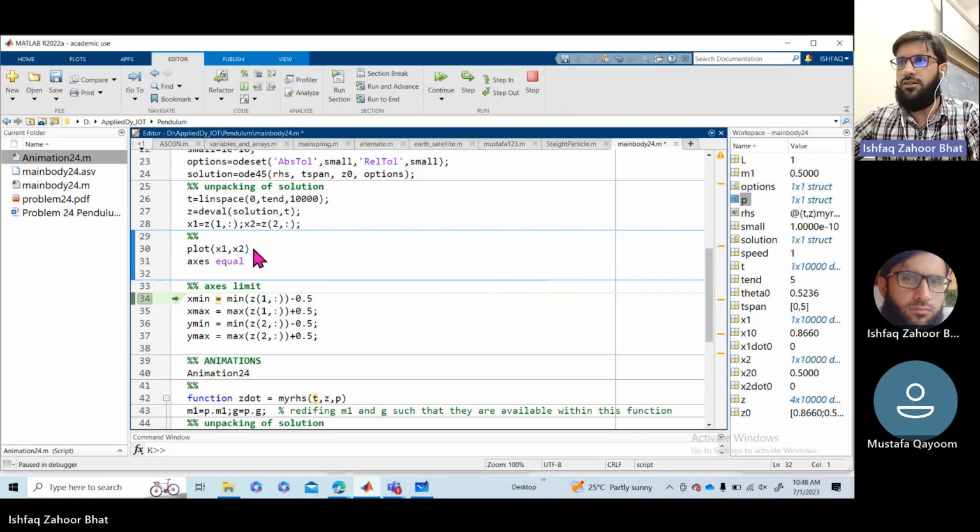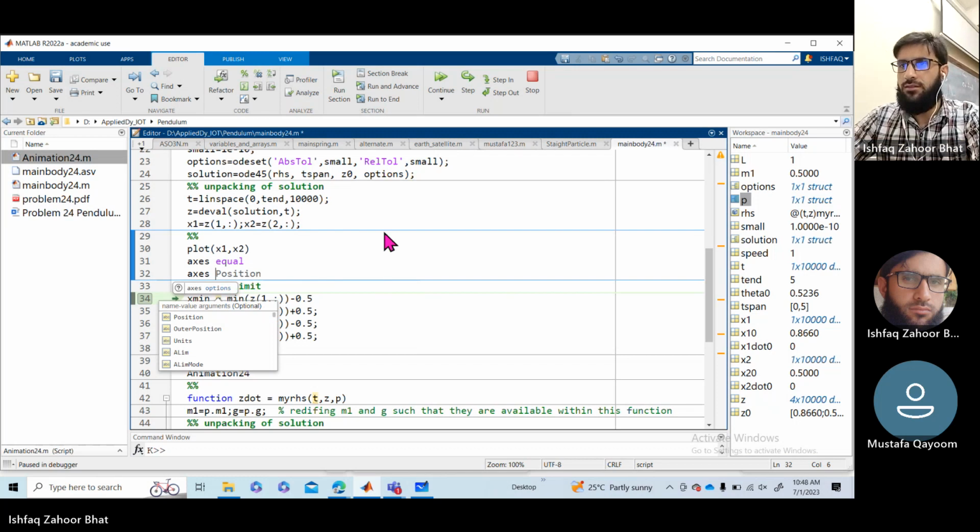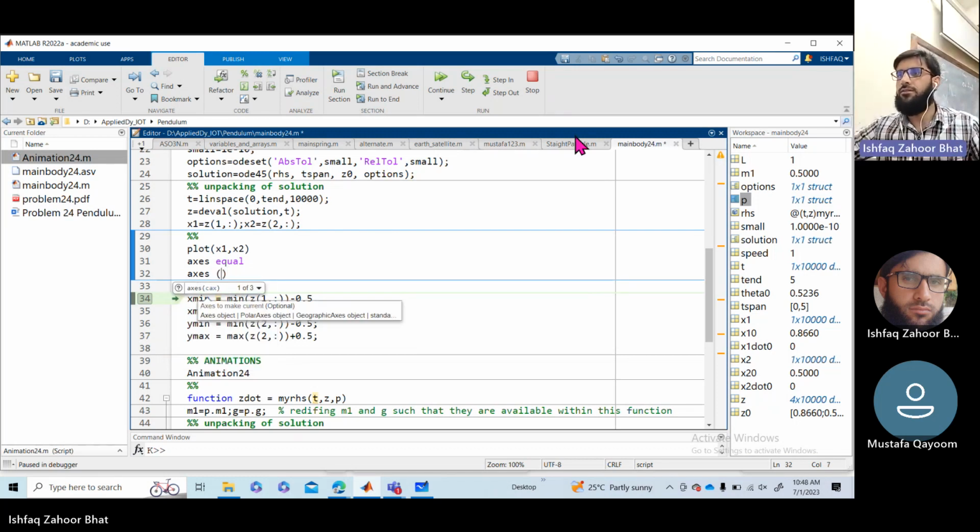The axis limit. I think I have it here. Let me copy it.